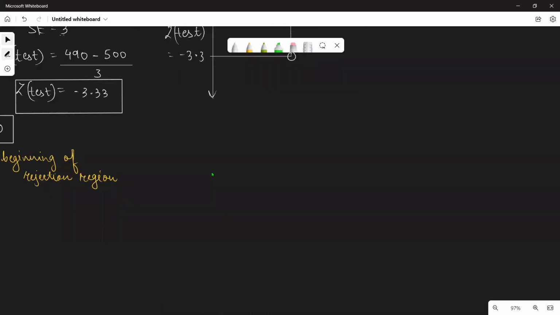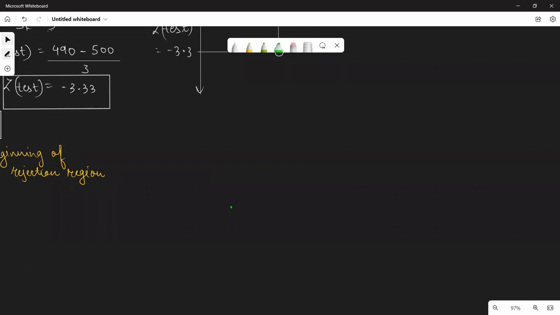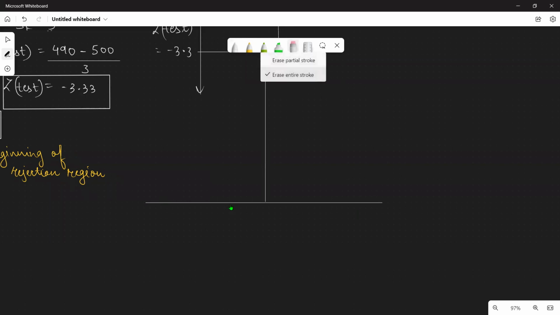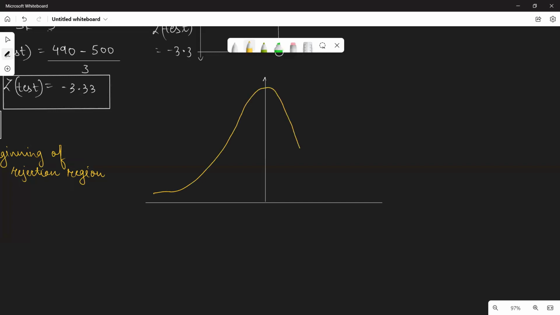That means if I'm drawing a bell-shaped curve here, okay, the bell-shaped curve we have created, and we know that it is a left tail test.